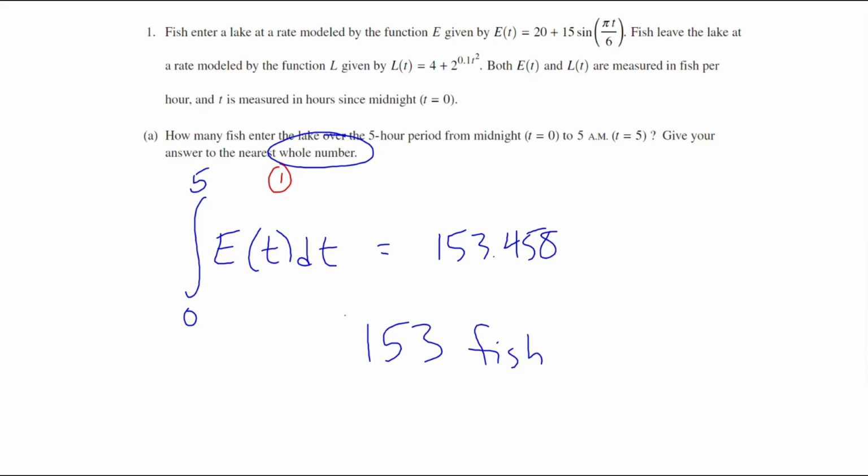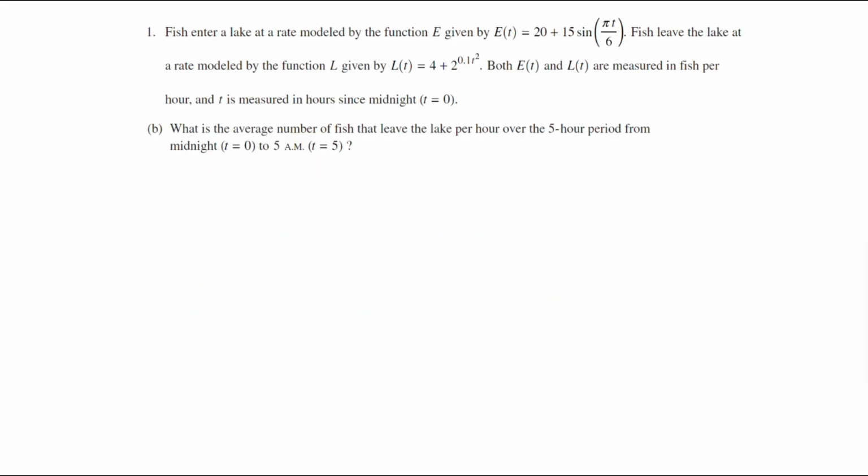That's how many fish enter the lake from midnight to 5 a.m. And that's with the second point right there. Make sure you do give the number rounded to the nearest whole number, since that's what it asks for.